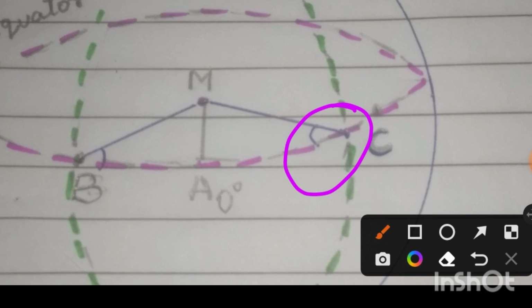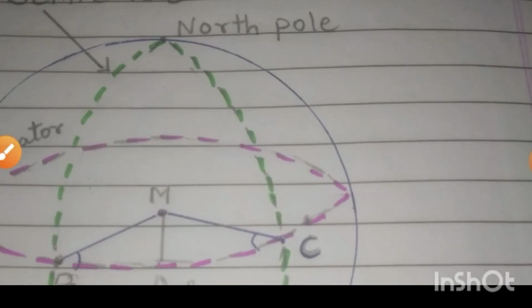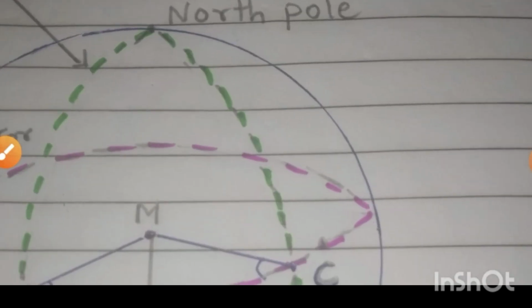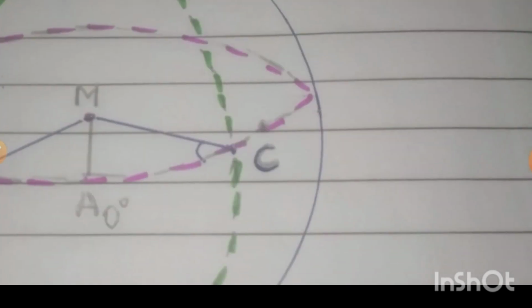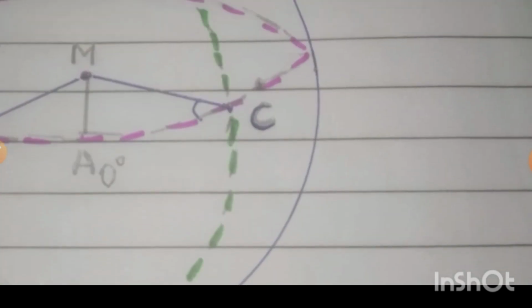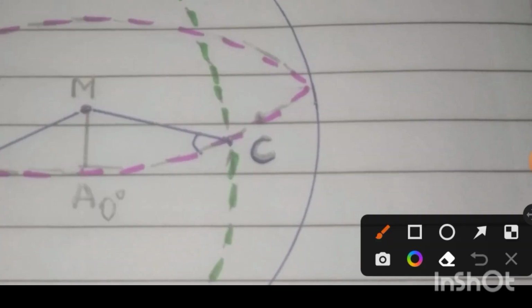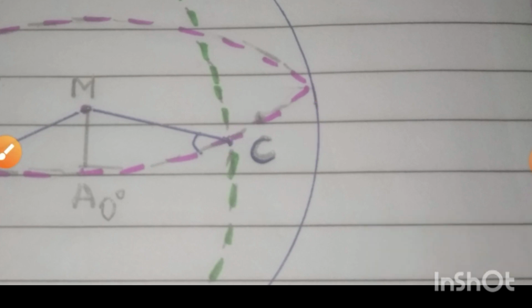And after that, as per the instruction, I had to draw a semicircle which passes through C. So you can see I have joined a semicircle from north pole to south pole which passes through letter C. Okay, let's read the further instruction.